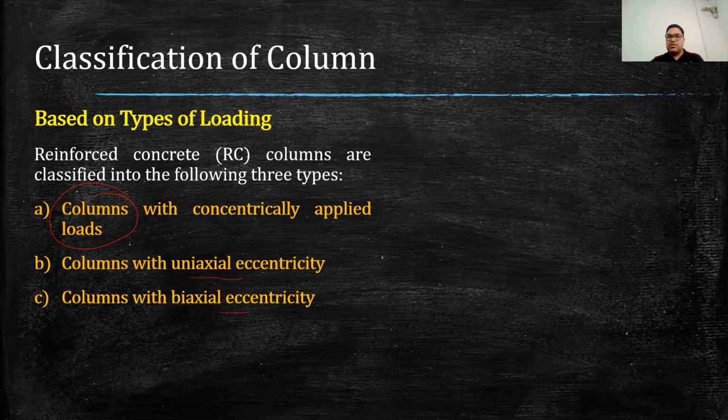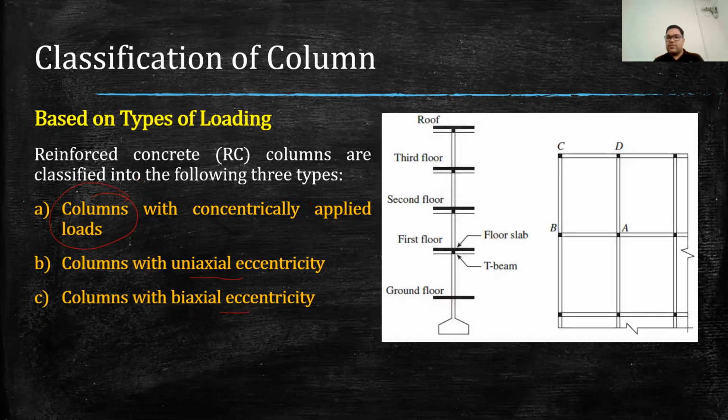For example, in this plan, consider the column at point A, and assume that the sizes of these beams are the same, and the load carried by these four beams is the same.